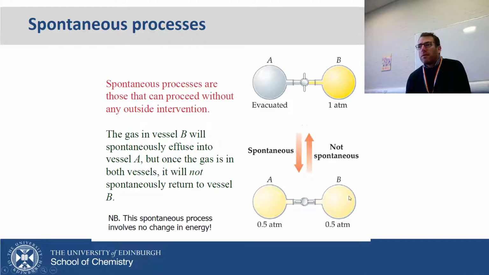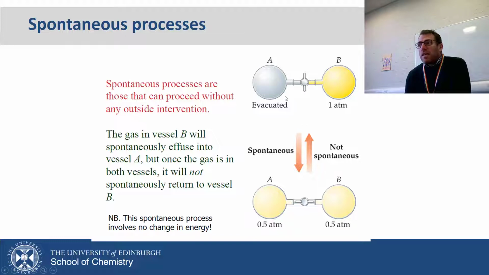So what are spontaneous processes? Well, obviously we can think about, for example, here if we have two chambers separated by a tap, and we put a gas in one chamber and the other one is evacuated. Well, obviously when we open this tap, there's a natural tendency for the molecules in this chamber B to spread out and fill up A until the distribution of gas molecules is essentially constant throughout this entire system.